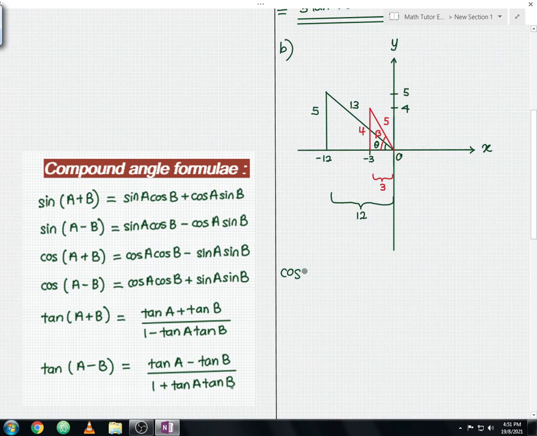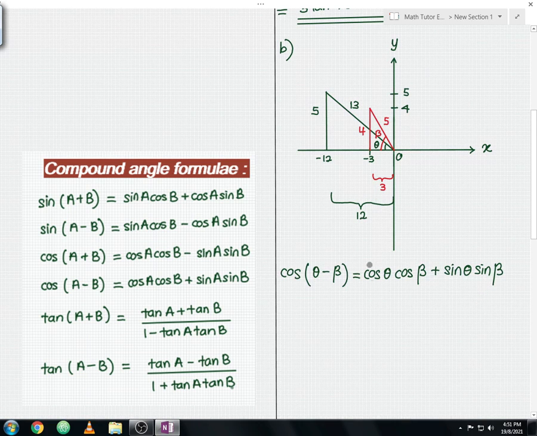Cos of theta minus beta is equal to cos theta cos beta plus sin theta sin beta.